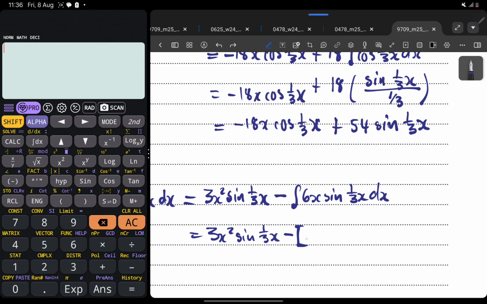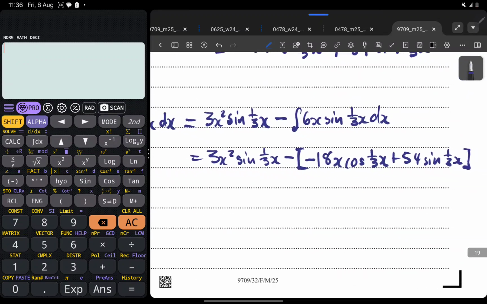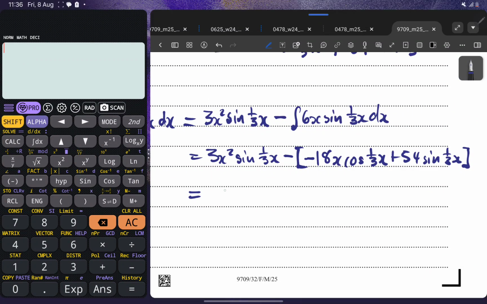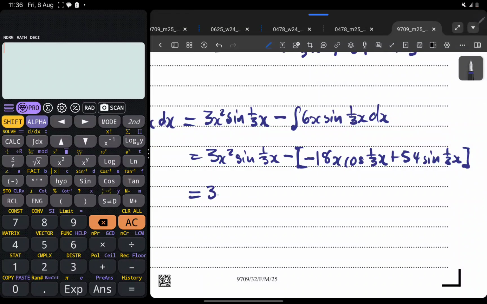So it will be minus of negative 18x cos 1/3 x plus 54 sine 1/3 x. This is then equal to 3x squared sine 1/3 x plus 18x cos 1/3 x minus 54 sine 1/3 x.